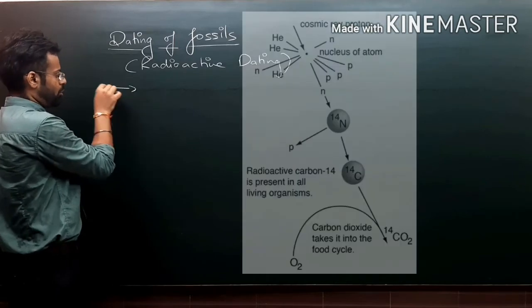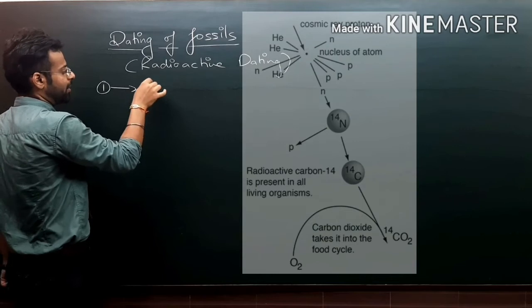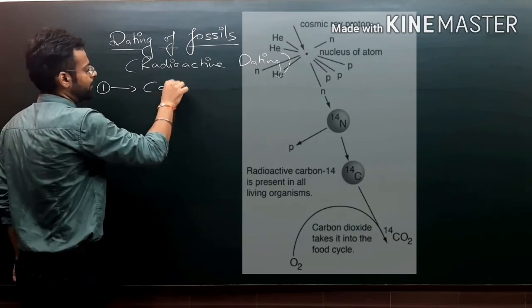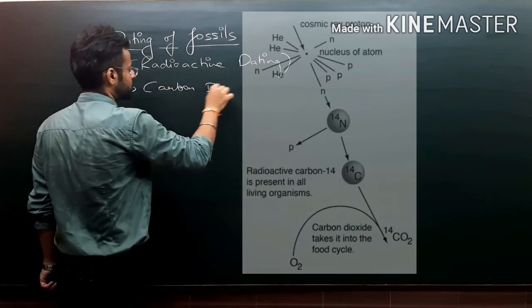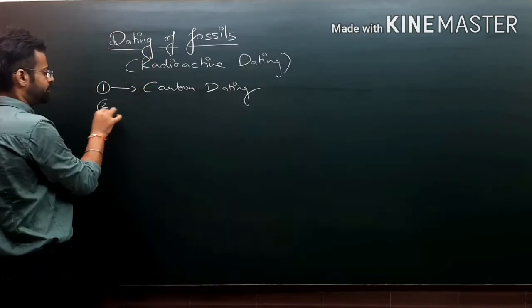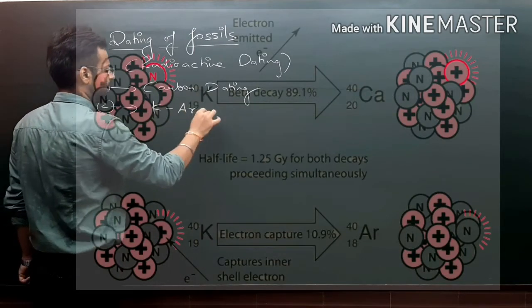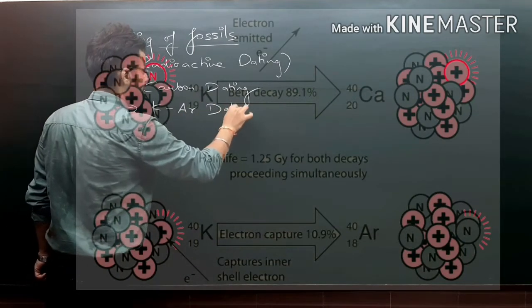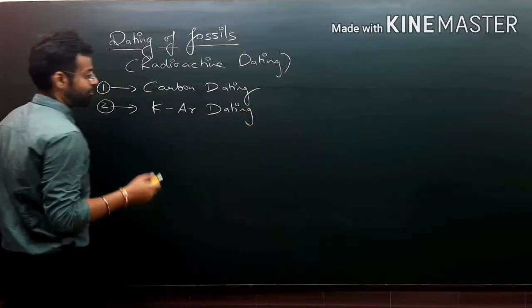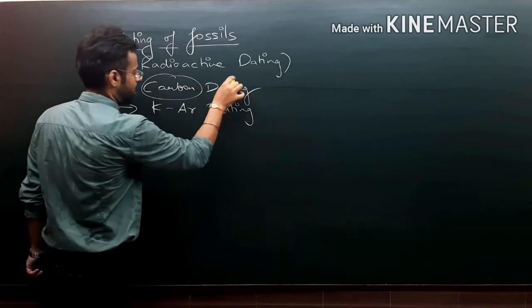And here we have one of the methods in radioactive dating, the carbon dating. Another method is the potassium-argon dating, which we'll be discussing in the next video. This video is all about carbon dating.